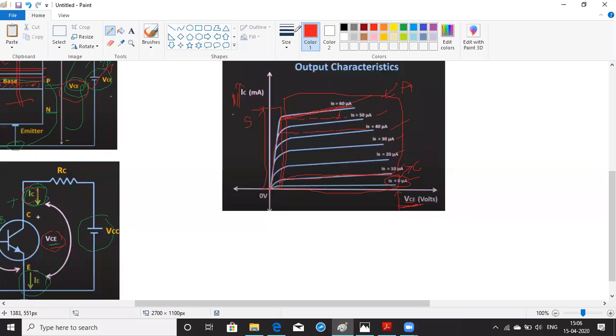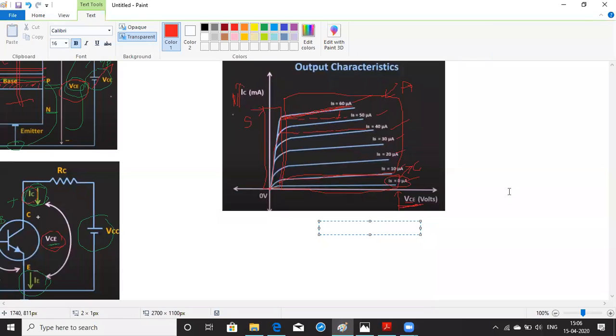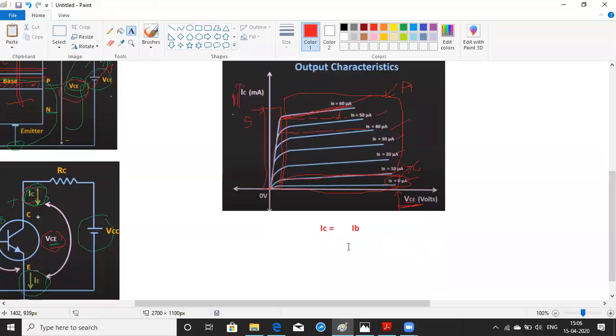What can we also write now? The output current is IC, and the input current is IB, and the current gain factor is beta.